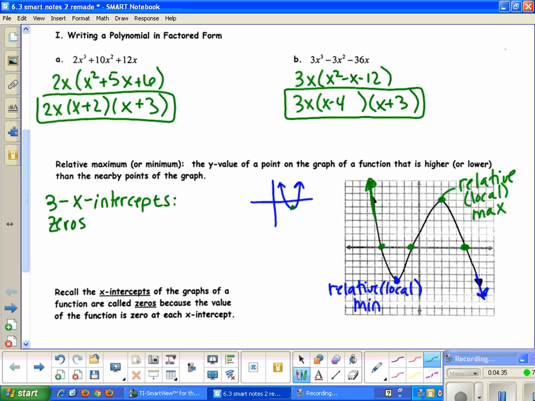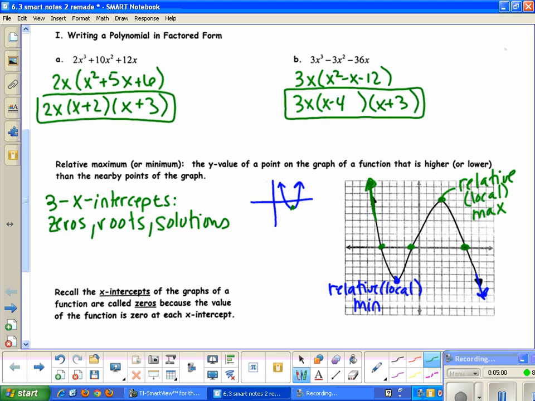Because when you set your equation y equal to 0, that's how you get your x-intercept. Another name for zeros is roots of the equation, because when we were solving quadratic equations, remember we had to take the roots of both sides to solve. They're also called the solutions. So if you see x-intercept, zeros, roots, or solutions, it all means the same thing.